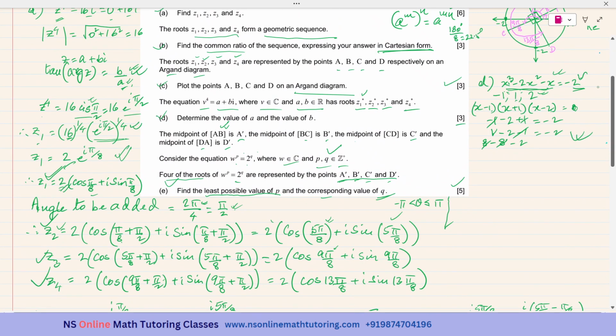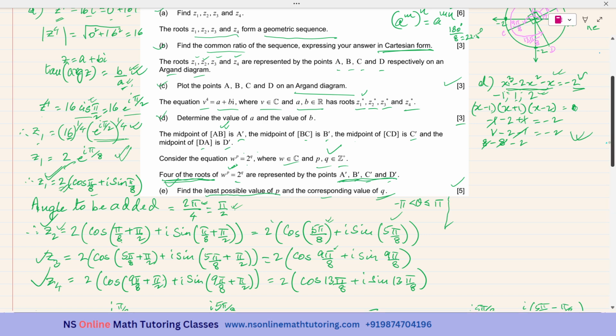You see, this is important. Four of the roots. That means p's value should be 4 or more than 4. Because if p is 3, w cubed is a cubic equation, definitely you will not be having 4 roots. So p's value can be 4 or more than 4. Okay.